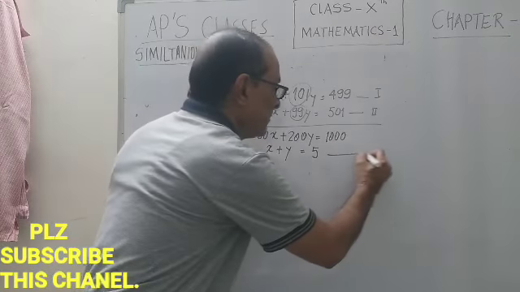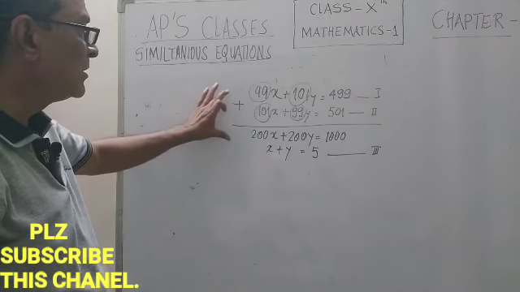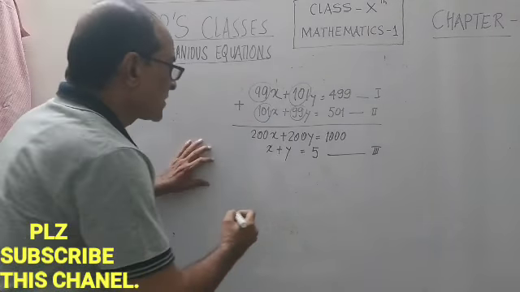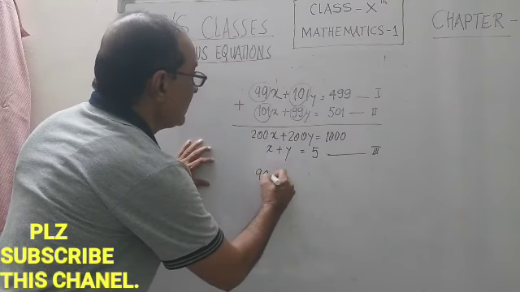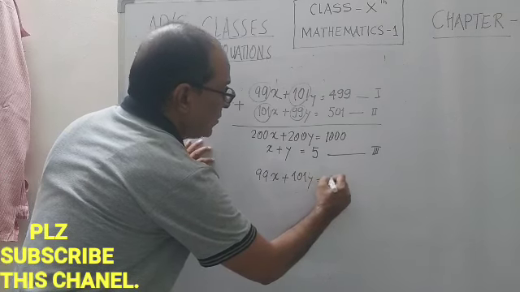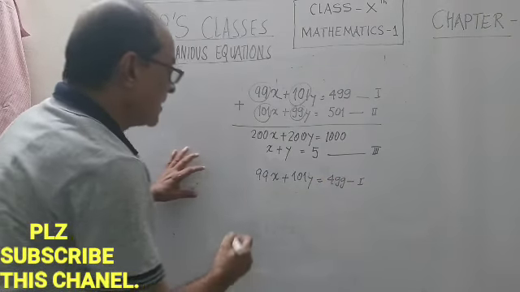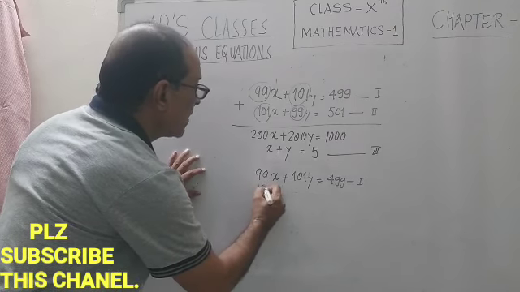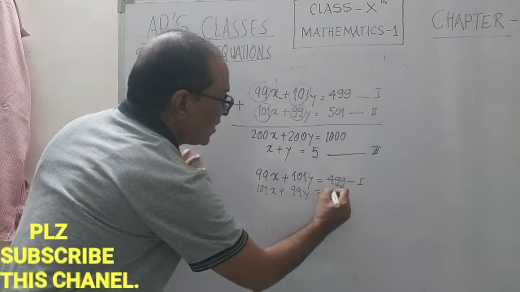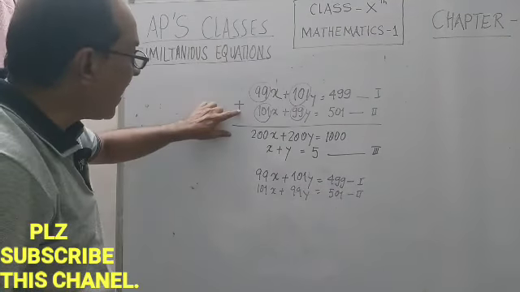So this will be called the third equation. I have done the addition here. Now I will do subtraction. 99x plus 101y is equal to 499. This is the first equation. And the second equation is 101x plus 99y is equal to 501. Here I have added.